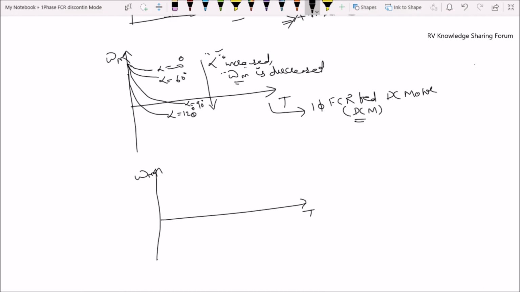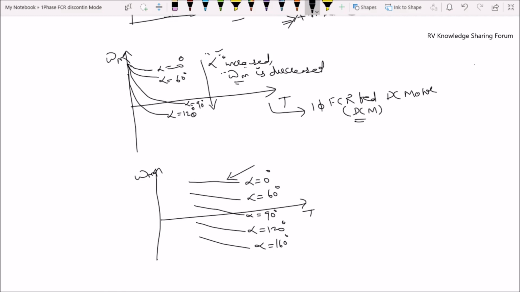For a single phase fully controlled rectifier under continuous conduction mode, we obtained these characteristics in our previous session: alpha equal to 0, alpha equal to 60 degrees, alpha equal to 90 degrees, alpha equal to 120 degrees, and you can still increase this to 160. This is our continuous conduction mode.